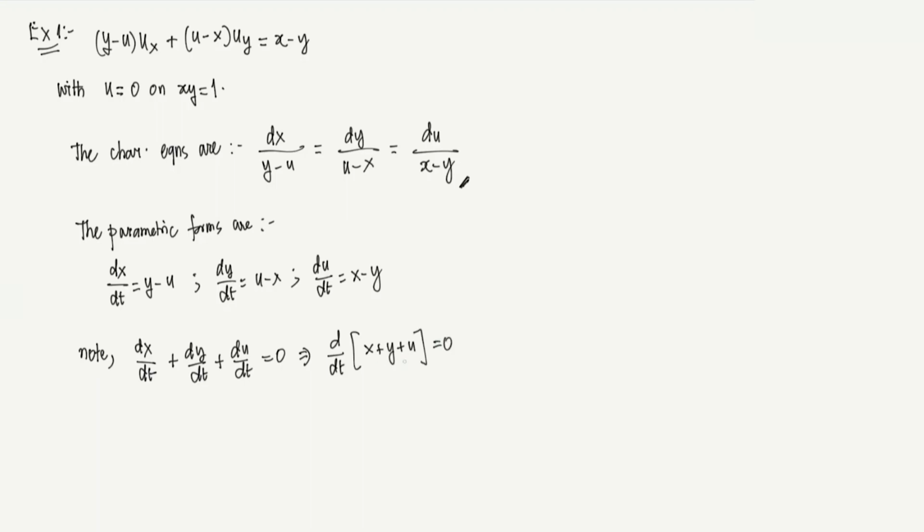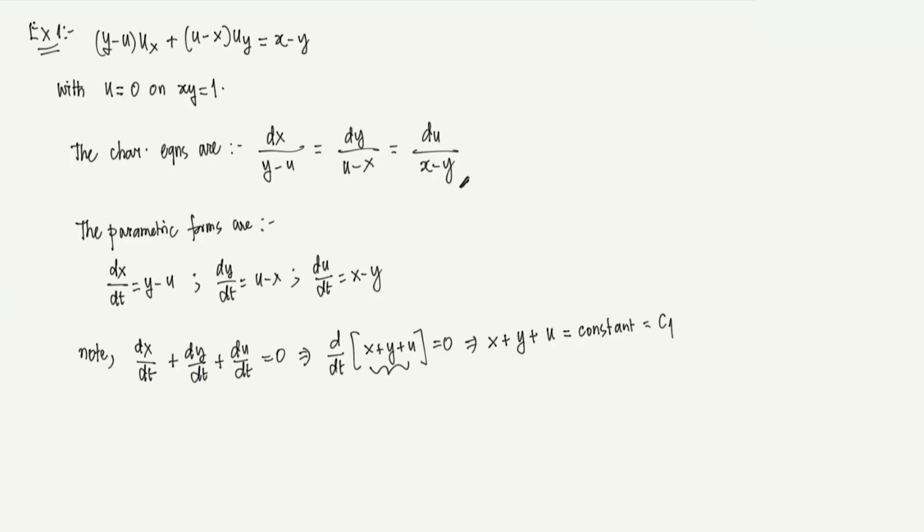So it means this term is independent of t, which implies x + y + u equals a constant. It can be 0, but let's just write it as a constant, C1.